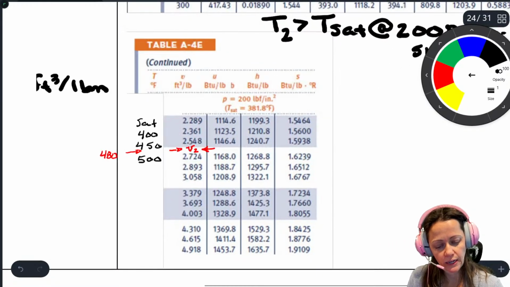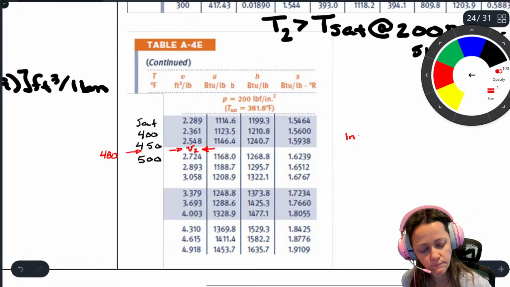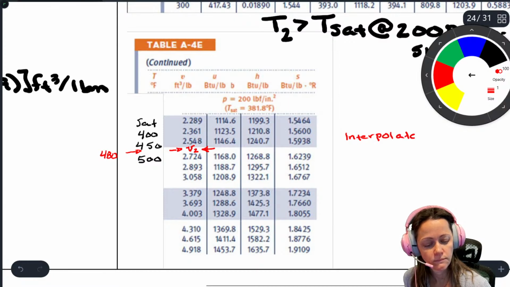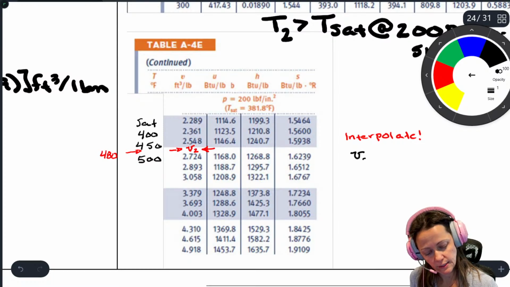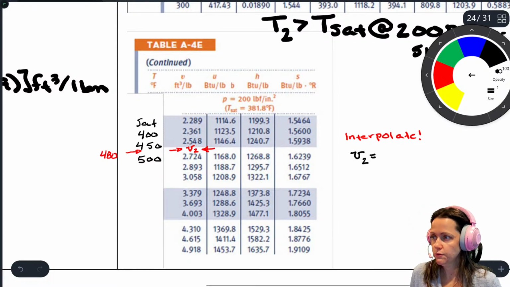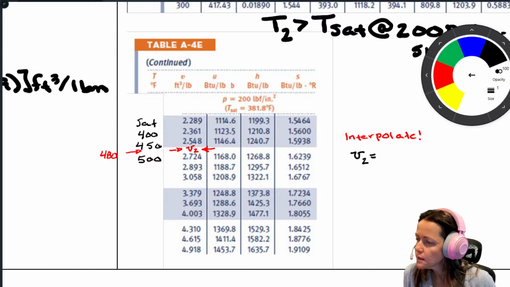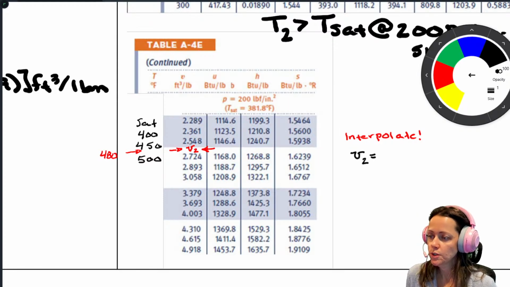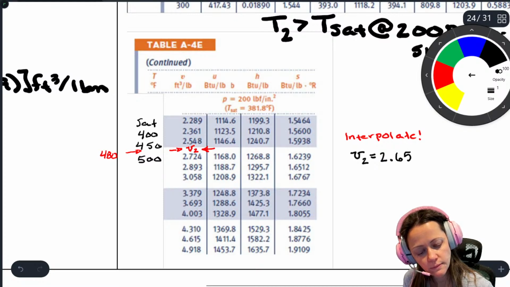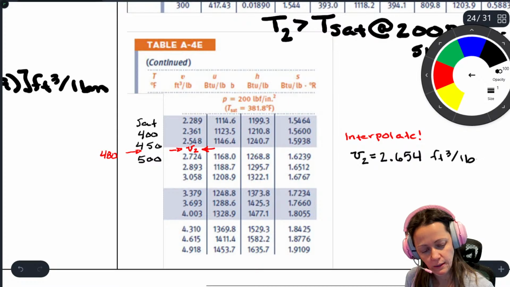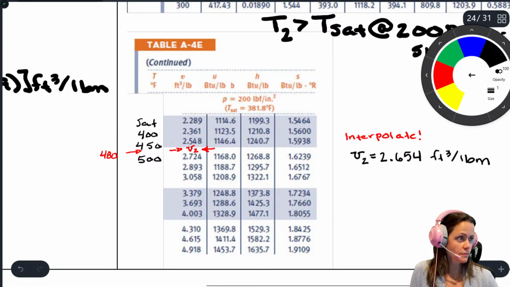So of course we've got to interpolate. And if you do that, I get a specific volume of 2.654. That's going to be in feet cubed per pound mass as well.